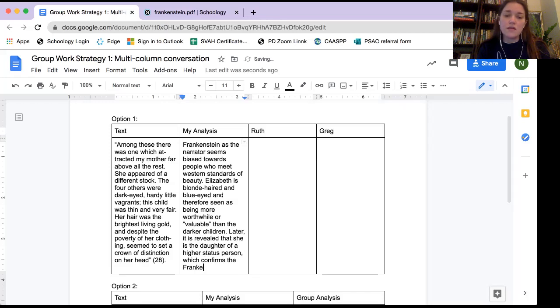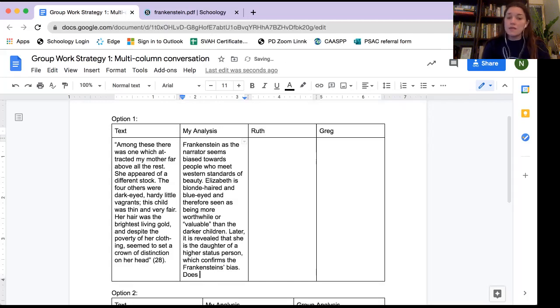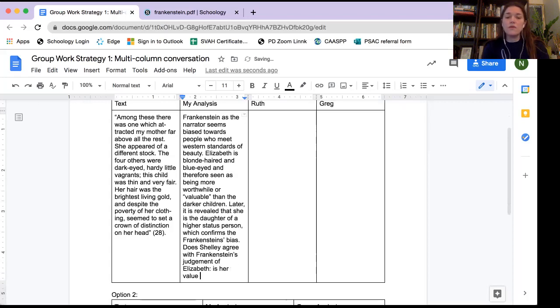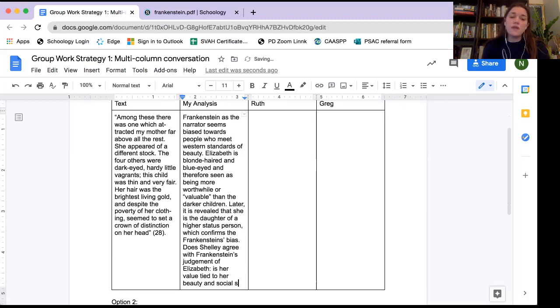The Frankensteins' bias, right? And then, obviously my question would be about, does Shelley agree with Frankenstein's judgment of Elizabeth, right? Is her value tied to her beauty and social status?